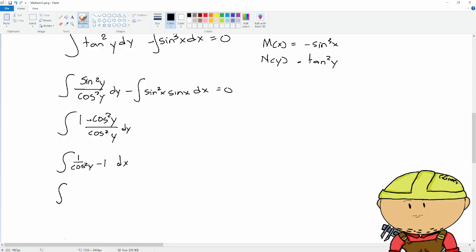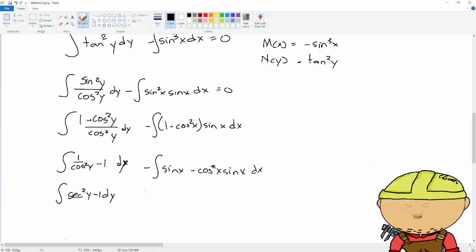And that is the integral of secant square y minus 1 dy. Okay? For the opposite side, or the x side, that will become 1 minus cosine square x times sine x dx, okay, minus sine x minus cosine square x sine x dx.